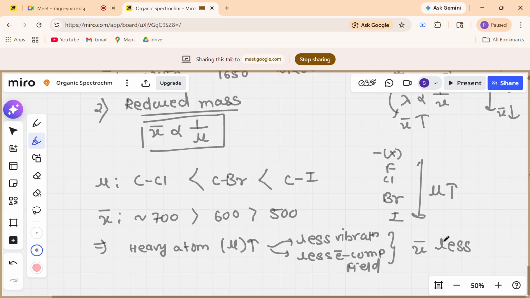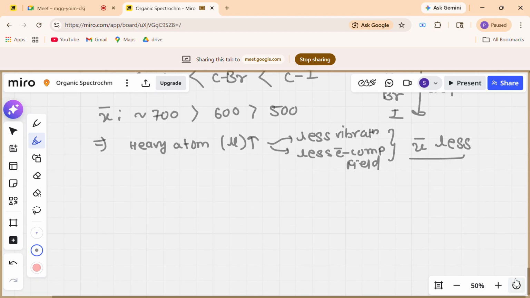And as we discussed, when we put radiation on a molecule, some kind of electric component field is generated, and that resonates with your radiation's electric field. So in the heavier one, vibration is less, which means the electric field component is less, and your corresponding stretching frequency value will be less.